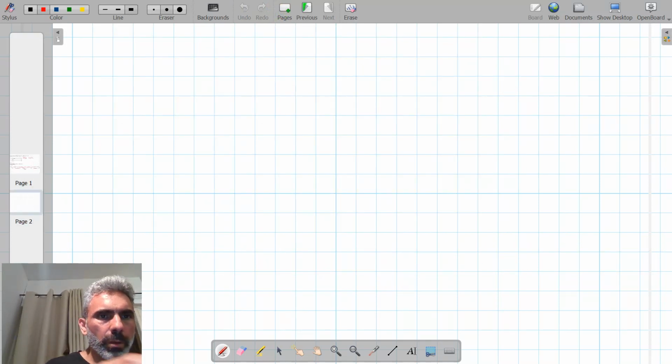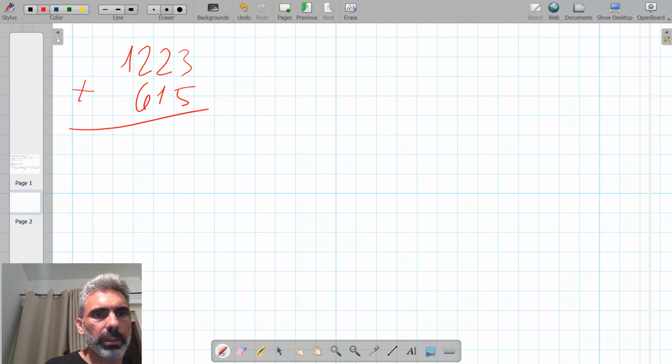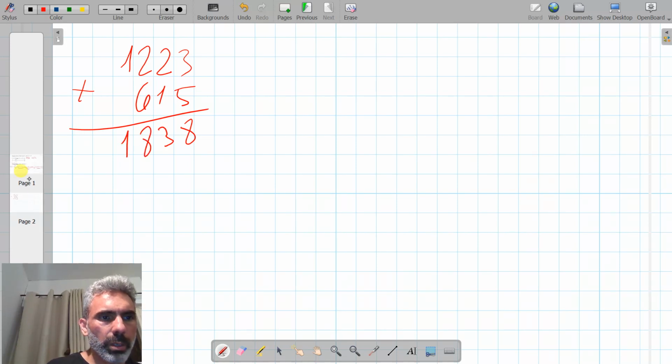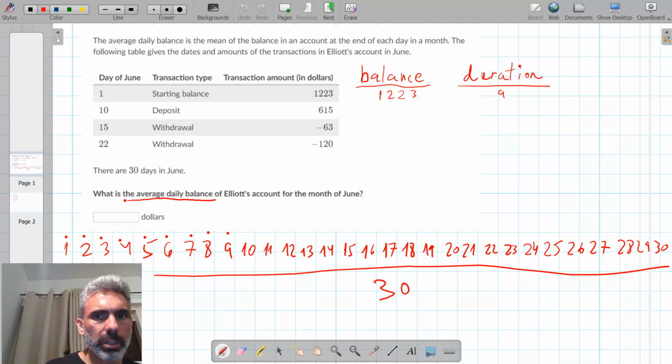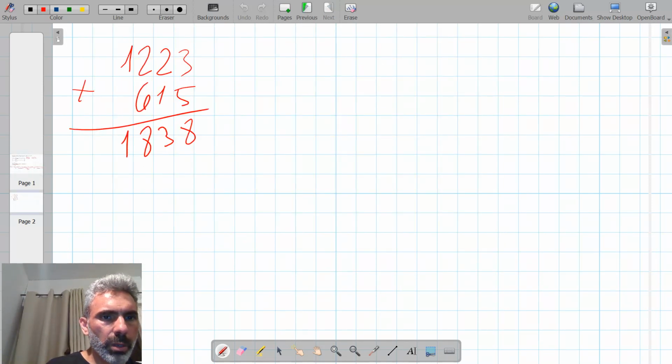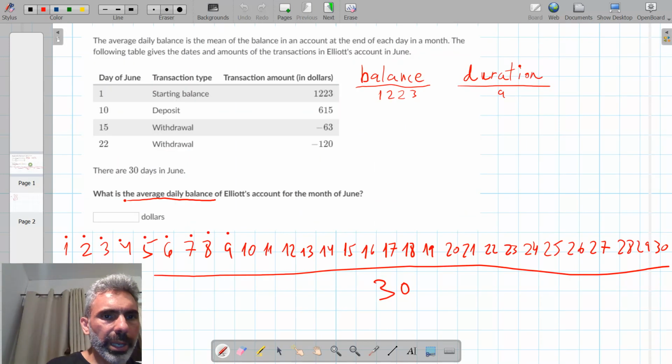So 1,223 plus $615 is 3 plus 5 is 8, 2 plus 1 is 3, 2 plus 6 is 8, and 1,000. So the balance has changed from $1,223 to $1,838.